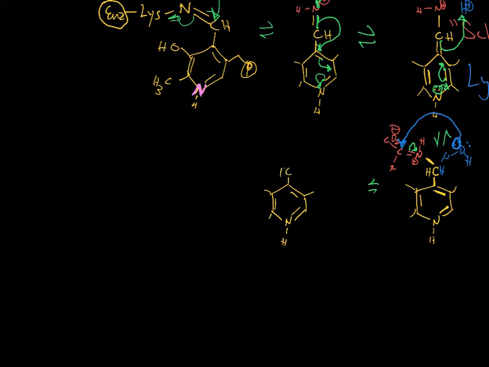That's C with the hydrogen and a hydrogen. Nitrogen, hydrogen. Only one bond now to the carbon. There's the R group hanging off the carbon and the CO2 group, which is negatively charged.